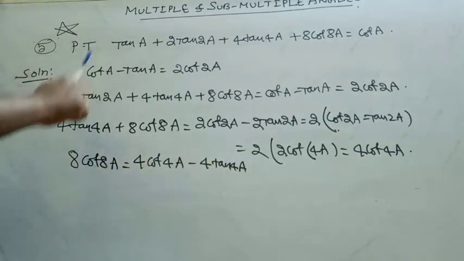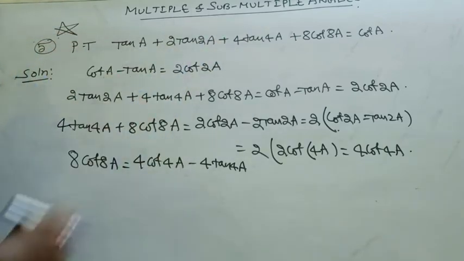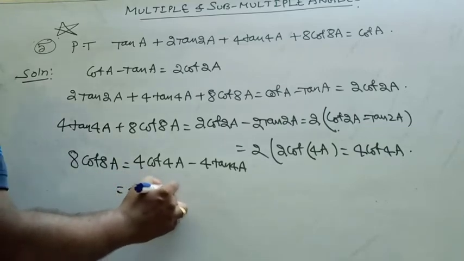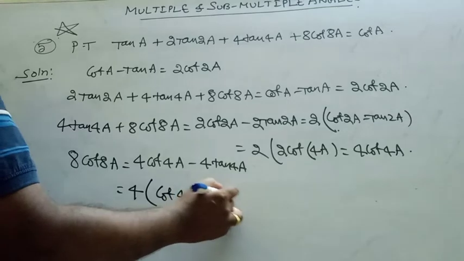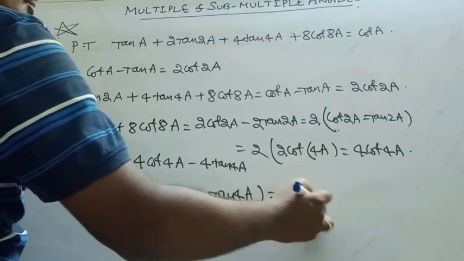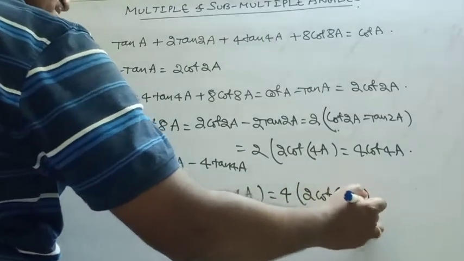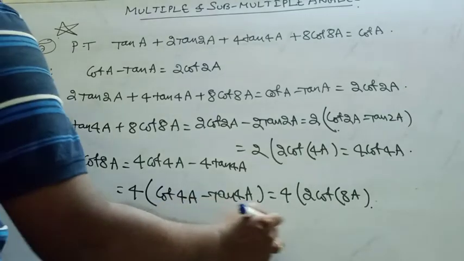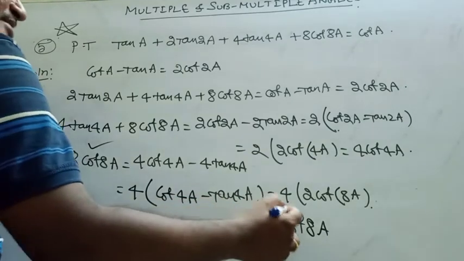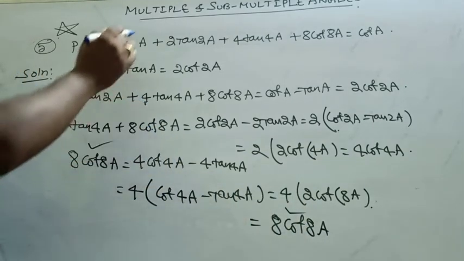Obviously, if you take 4 as common here, we are going to get cot 4a minus tan 4a, and this is equal to 4 into 2 cot 8a. That means you have got 8 cot 8a. That means 8 cot 8a equals 8 cot 8a. That means this is true.